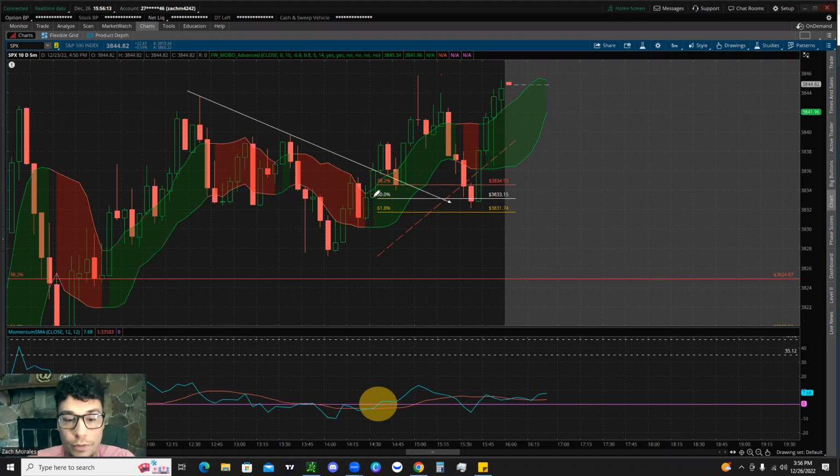The 38.2, the 50%, and the 61.8 are the three main levels that you must hold to get a trend continuation. If you break through those levels, as you saw previously in the video, that's when you can get a reversal. But things were lining up very nicely. We had the break, we had momentum on our side, and then we had the holding of the 38.2 retracement level, and we got a very nice push to the upside right there.